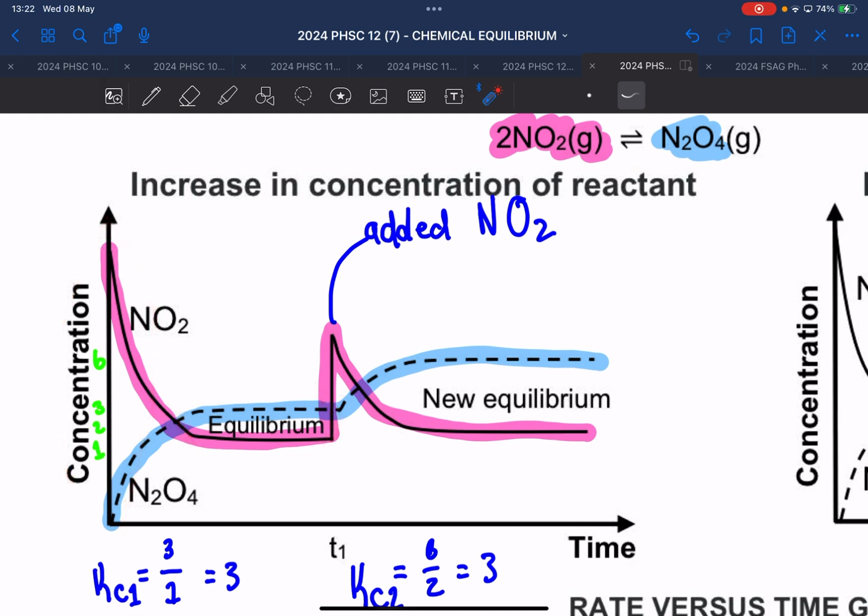Then we disturb the equilibrium by increasing the concentration of our reactant. Le Chatelier's principle says a new equilibrium will be reinstated. So our reactants react to create more products. Our reactants become less and our products become more, and a new equilibrium is established.